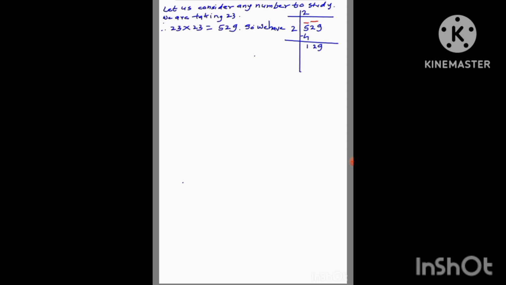Here 5 minus 4 is 1, and carry down 29. Now we multiply this divisor by 2, and we get 4, and carry on the method. 41 into 1 is 41, 42 into 2 is 84. You know this. 43 into 3 is 129, and you are getting your answer 43. See here, 43 into 3 is 129, and the remainder is 0. So root of 529 is 23.